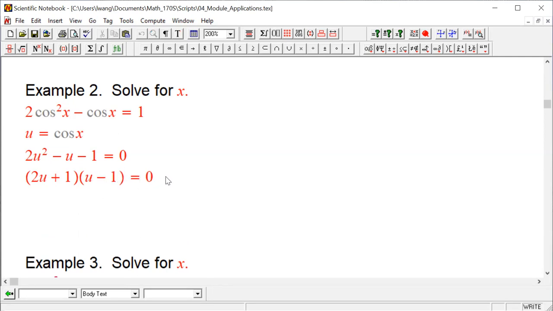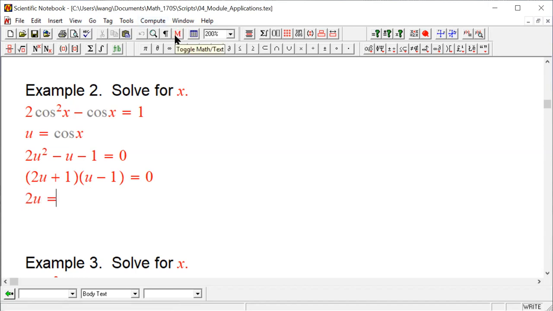And you can always check. Let's check: 2u times u, that's 2u squared, then 2u times -1 gives minus 2u, and 1 times u gives plus u, and 1 times -1 is a -1. So these will be the right factors.